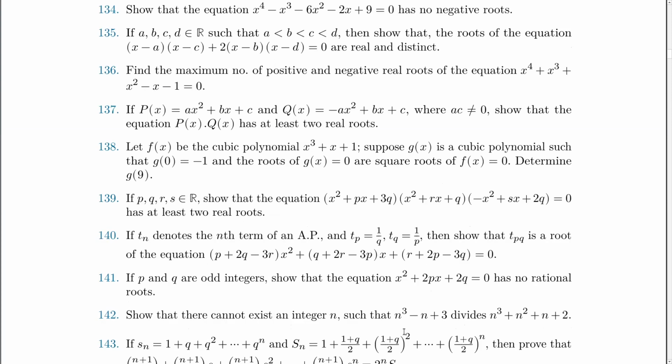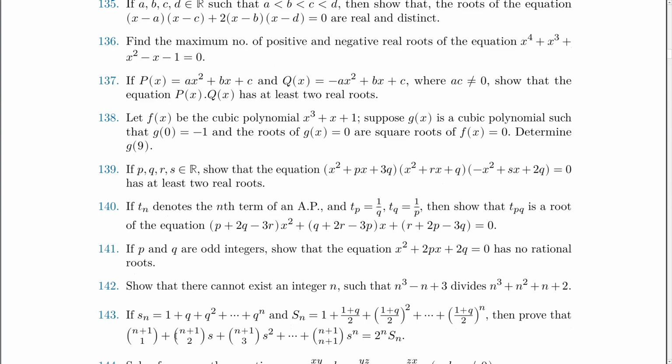Now we solve question number 143. If small sn is equal to 1 plus q plus q square up to q to the power n, and capital Sn is equal to 1 plus (1 plus q) by 2 plus ((1 plus q) by 2) whole square, and so on up to ((1 plus q) by 2) to the power n, then prove that n plus 1 choose 1, plus n plus 1 choose 2 into s, and so on, is equal to 2 to the power n Sn.